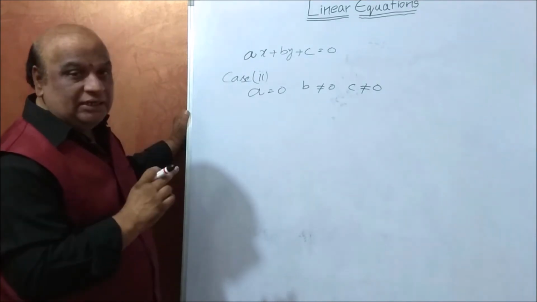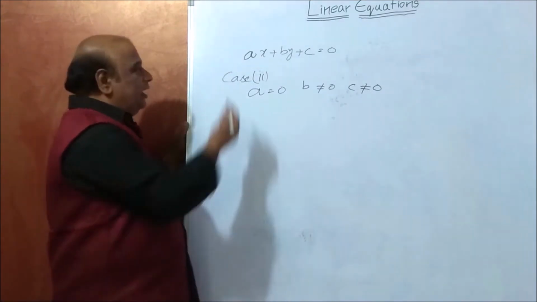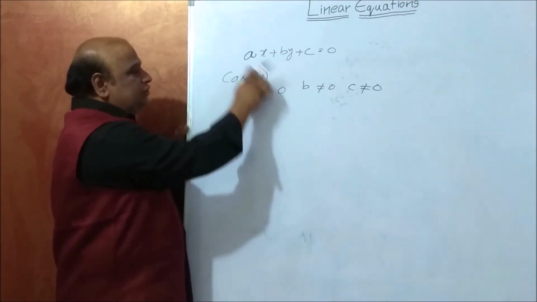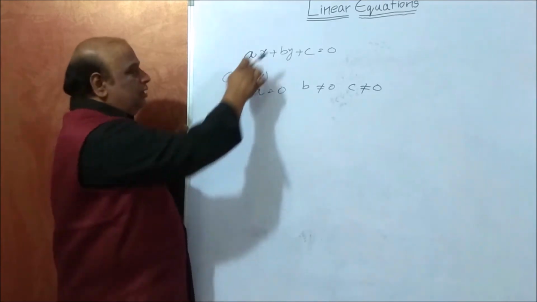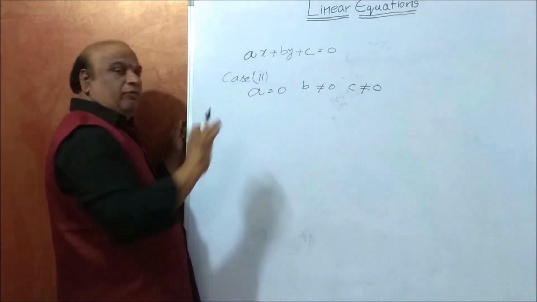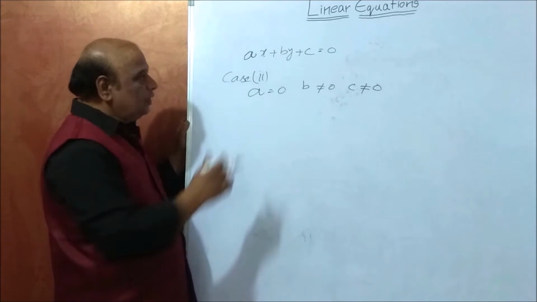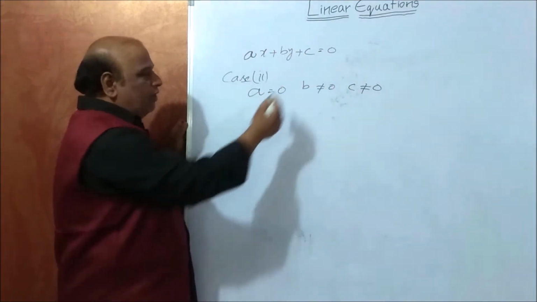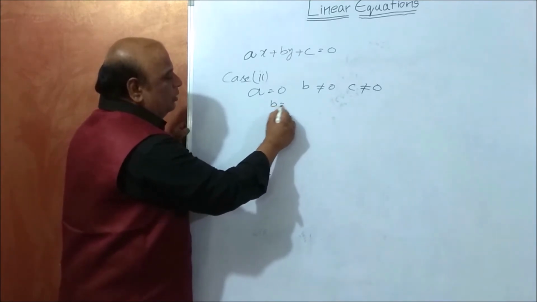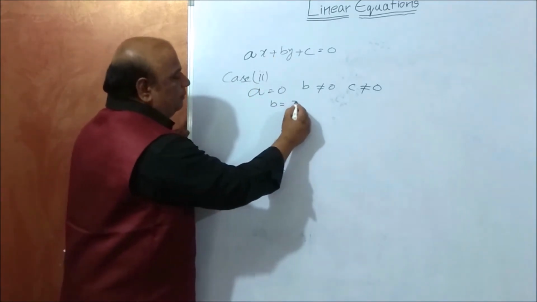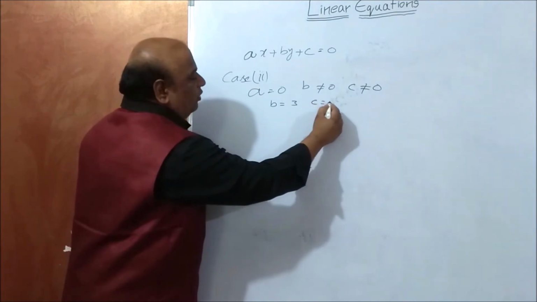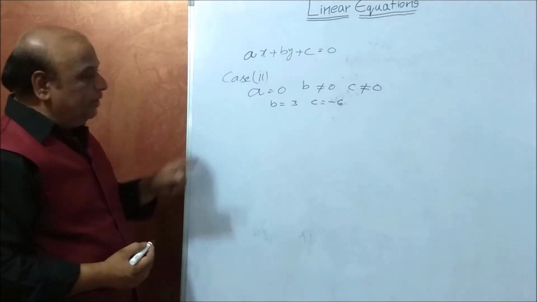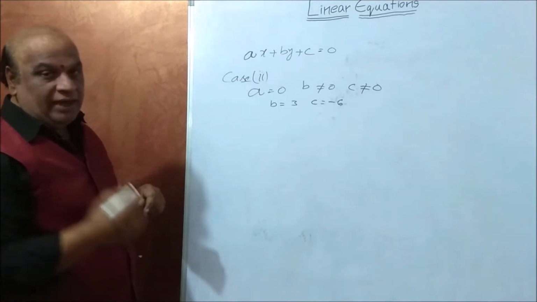Now what is the result? With a is equal to 0, you substitute 0 instead of a, so the x term will be missing. Remaining is by plus c is equal to 0. Now I will take b value 3 and again c is equal to minus 6.